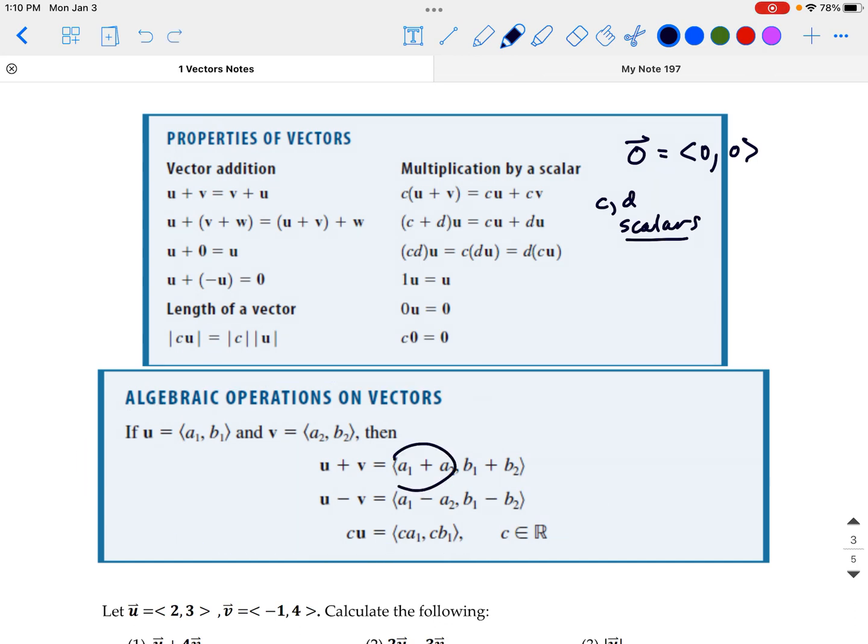If we're adding two vectors, we add the x and y components. If we're subtracting two vectors, we subtract the x and y components. And if I take a vector and multiply it by a scalar, I just multiply the components by that scalar. The scalar will always be a real number, so no imaginary or complex numbers to worry about.